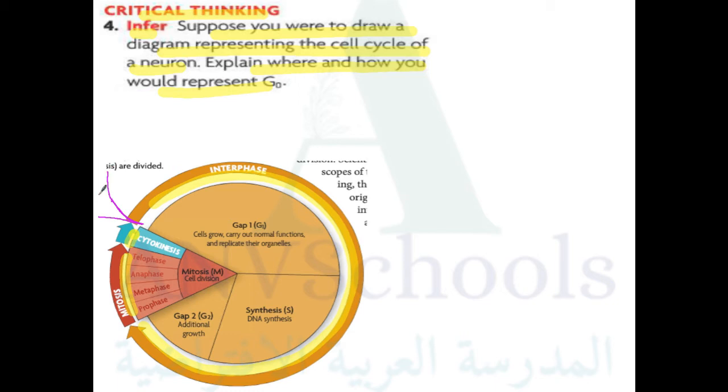So after cytokinesis, we'll have our G0. So it will stay here in the G0 unless or until when the conditions would allow it to go through the cell cycle again.